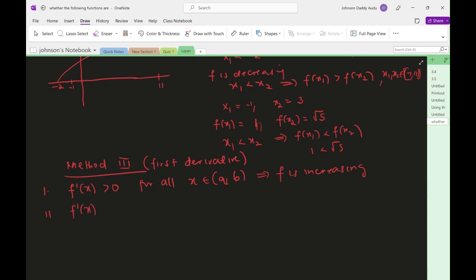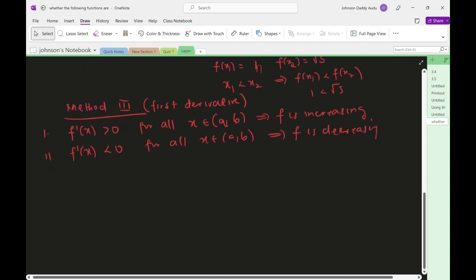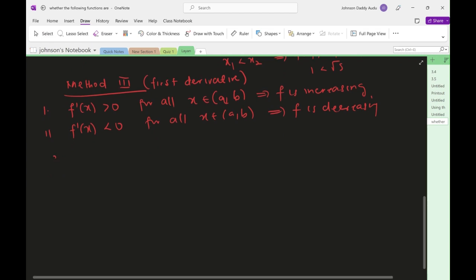And if the derivative is less than 0 for all x in your open interval (a, b), it means f is decreasing.